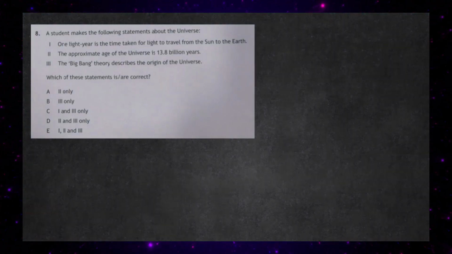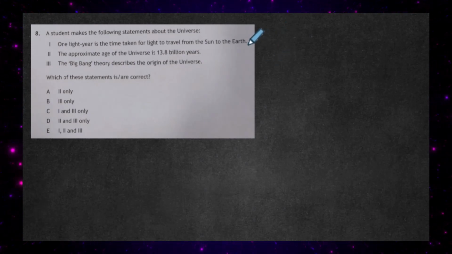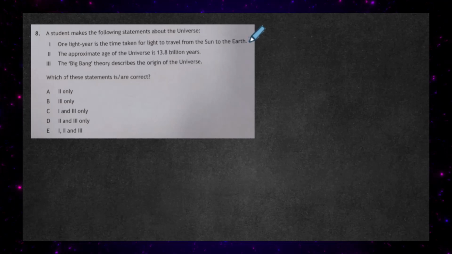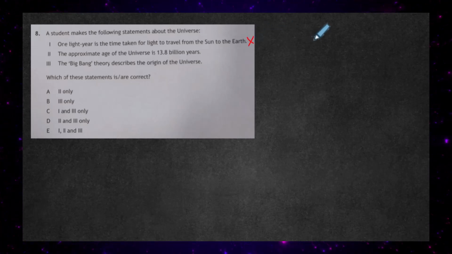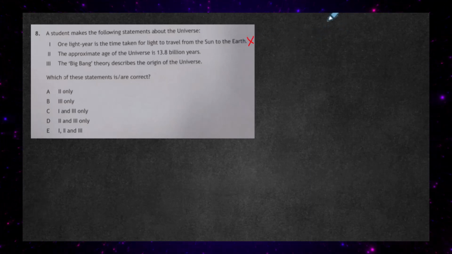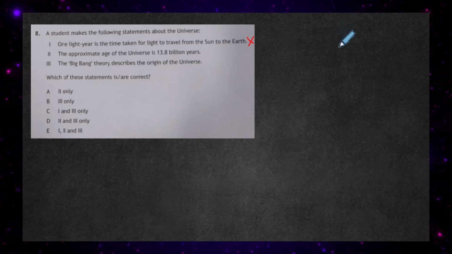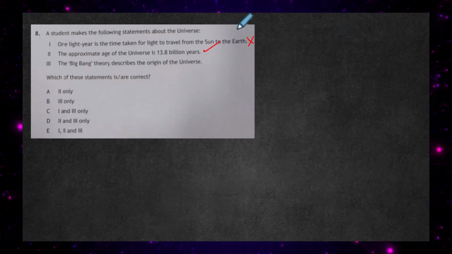So just take each statement in turn. Statement 1: 1 light year is not the time taken for light to travel from the Sun to the Earth, because it's the distance light travels in the course of 1 year. So Statement 1 is wrong. The approximate age of the universe is 13.8 billion years. If you do your background reading on that one, that is correct.